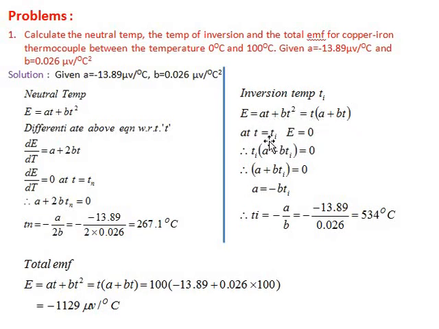At t is equal to Ti, E is equal to 0. At the inversion temperature, in the graph, the thermo EMF becomes 0. So just substitute here: Ti into bracket a plus b Ti is equal to 0.